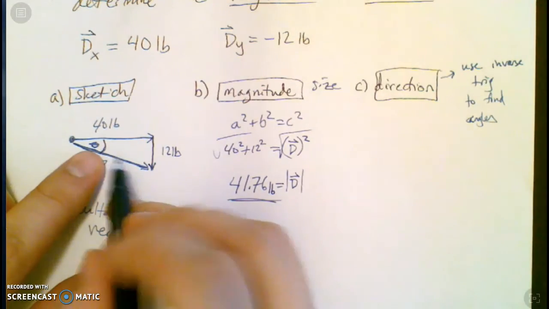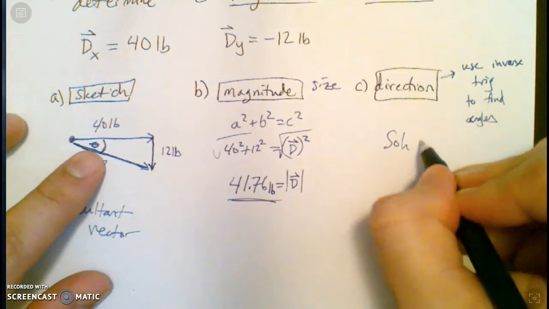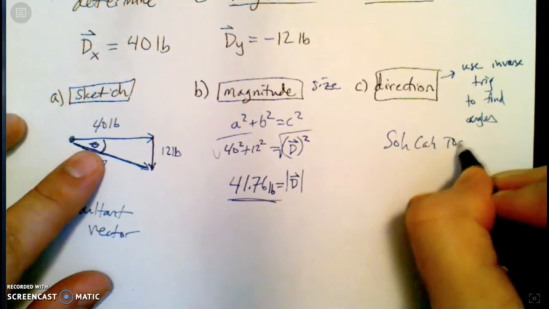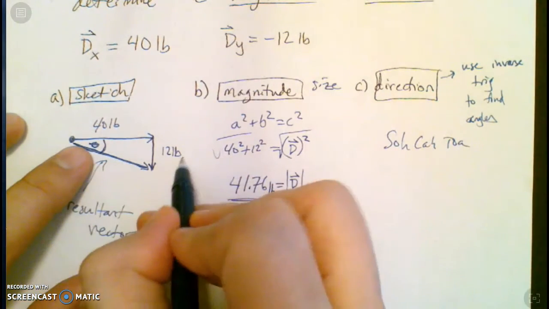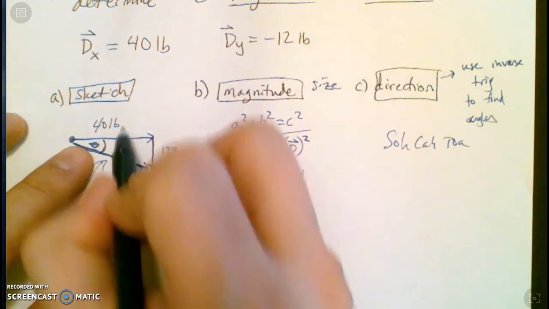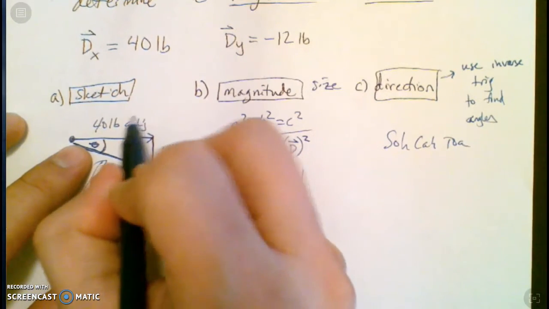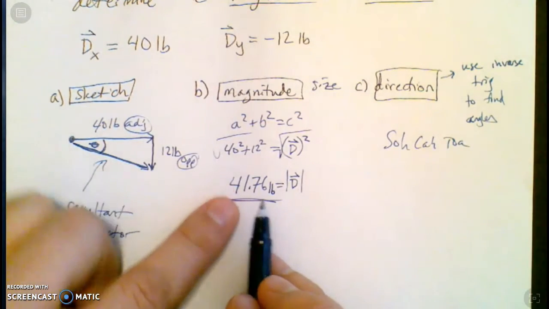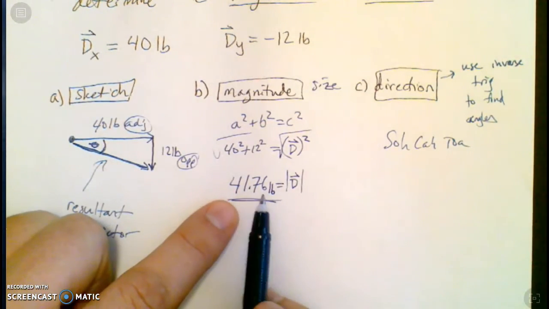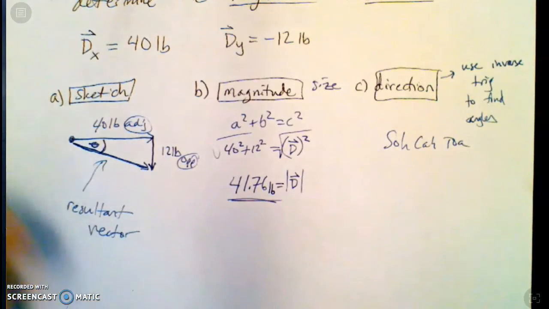So remember SOHCAHTOA, right? SOHCAHTOA. I have opposite and I have adjacent. The only thing I don't want to use, I could use this answer, but it's already rounded, and if I round a rounded answer, it's not going to be good.